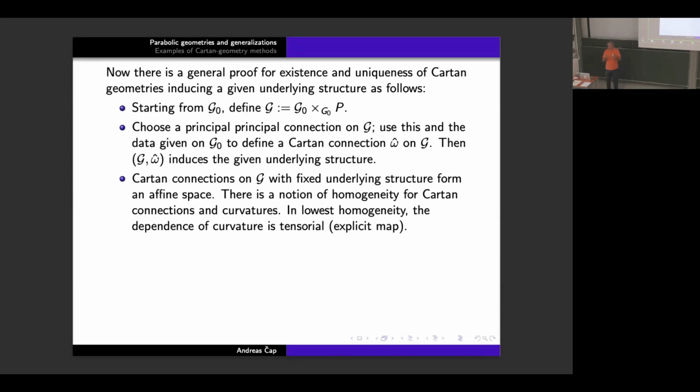If you look at the change of curvature caused by a change of connection, this will be governed by a differential equation, unavoidably, because roughly speaking the curvature is d omega plus the bracket of omega with omega. So it's a differential equation and it's nonlinear. But if you look at the lowest homogeneous component, then unavoidably it turns out to be tensorial and linear.